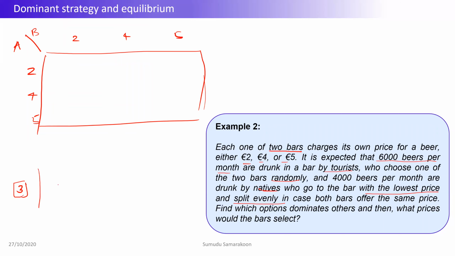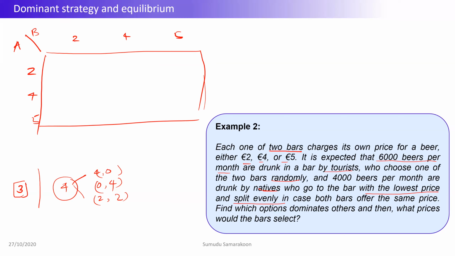Then out of 4, it can be 4 and 0, or 2 and 2. That is how this many customers are going to be split over the choices of the selling prices.